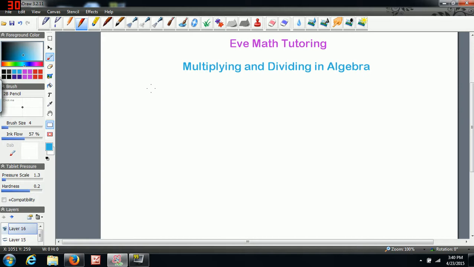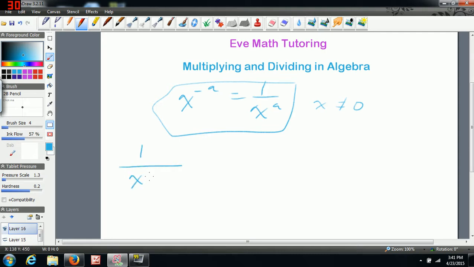Okay, let's see here. I just want to show you a couple of things that you could use this rule for here. So x to the negative a is equal to 1 over x to the a, where x does not equal 0. So say you were given something like 1 over x y to the negative 2, that could be rewritten.